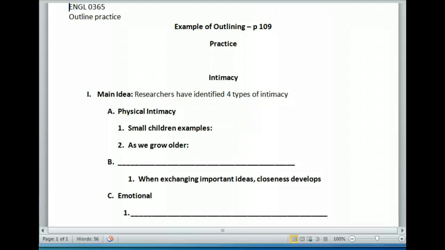But what I would like you to do is to use the format that I'm giving you here. So you have your main idea, A is the major detail, and then you have 2 minor details. So I would like you to find what is the second main idea, and so on.